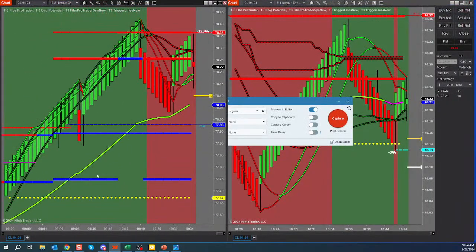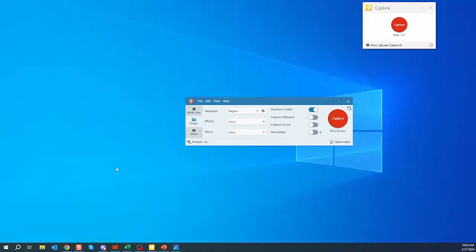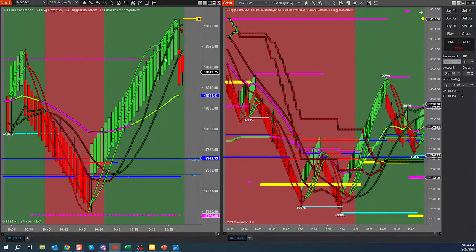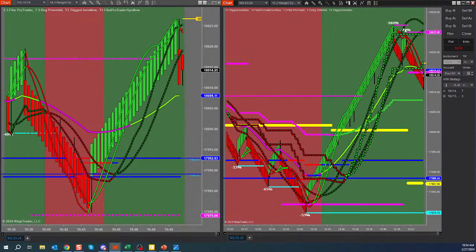There's crude oil stuck in a range. And then it gets to the divergence high. The large triggers still haven't broken. Two divergences against it.